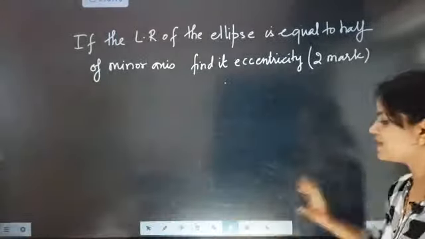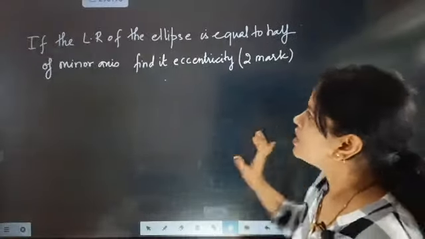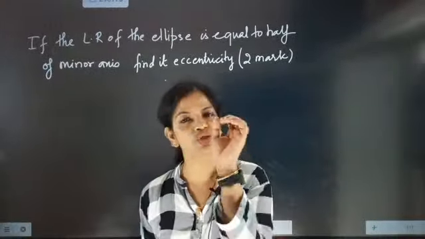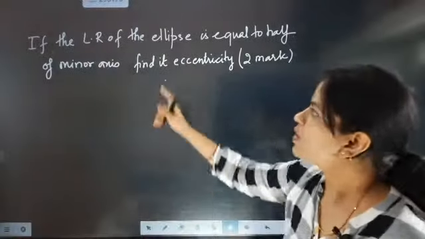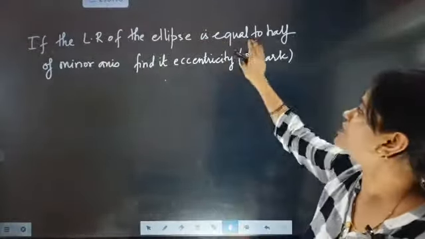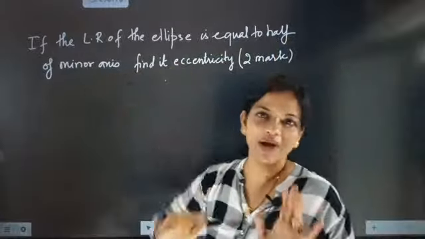I am discussing how to solve this question. Now it's a clear-cut open-ended question, because it is totally based on formula. What is given in the question? The latus rectum of the ellipse is equal to half of the minor axis.